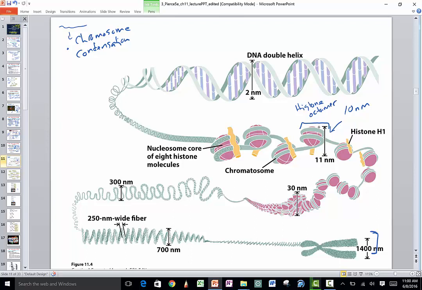So this is the nucleosome with 8 histone molecules and some DNA wrapped around it. And then the chromatosome would be this whole thing, and that has about 200 base pairs of DNA included.